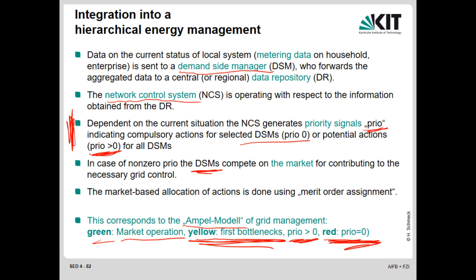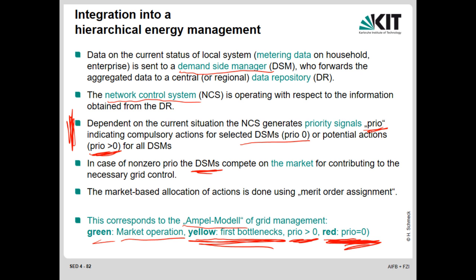Maybe you have to switch off certain solar panels if you have too much power generation. You would switch off heat pumps, for example, if you have too much demand. And these are phases where you have to respond immediately.